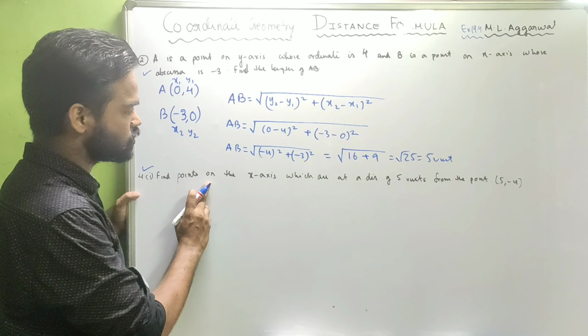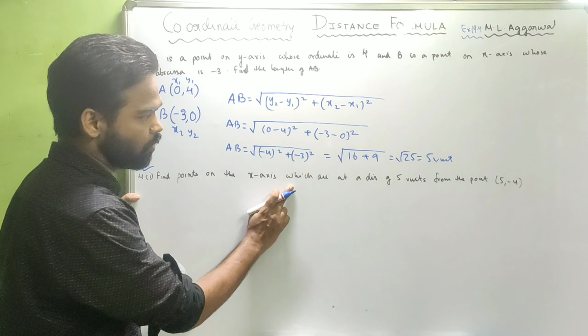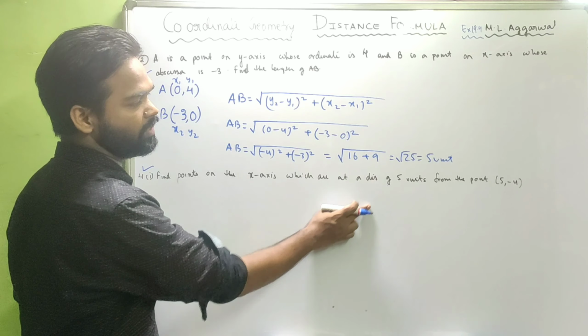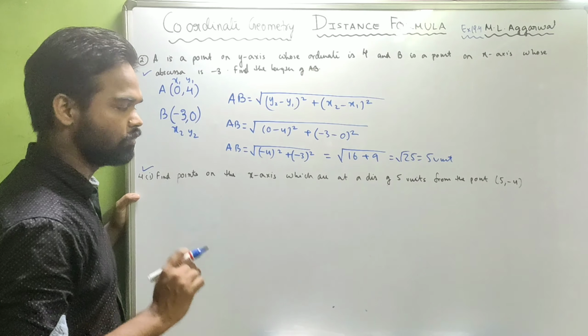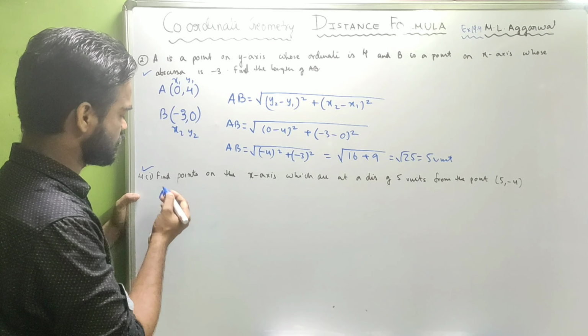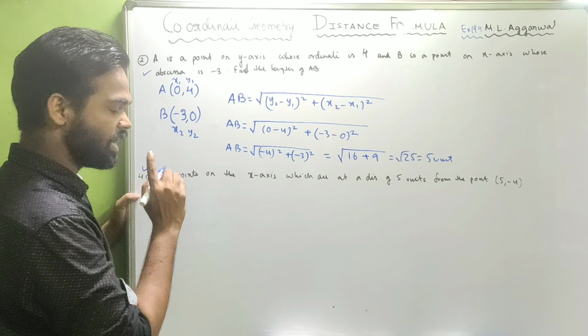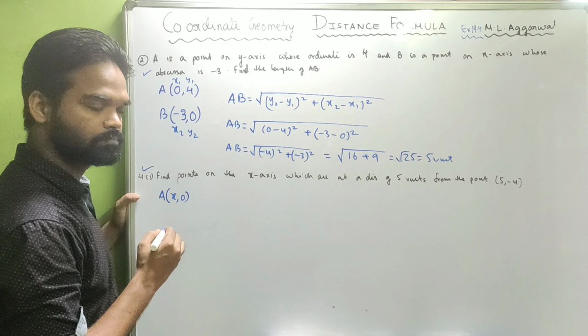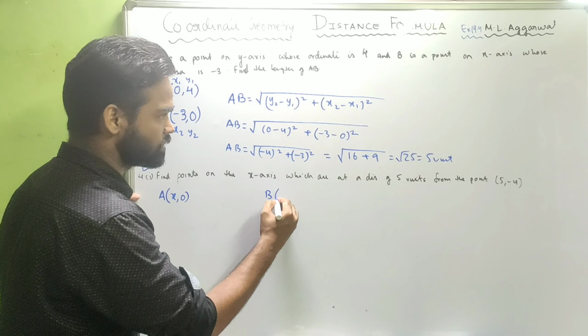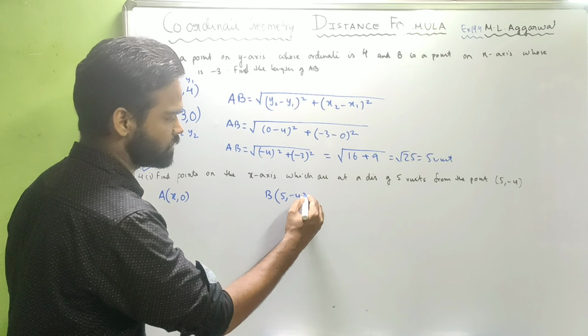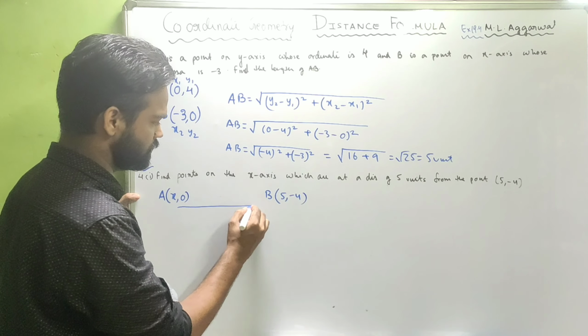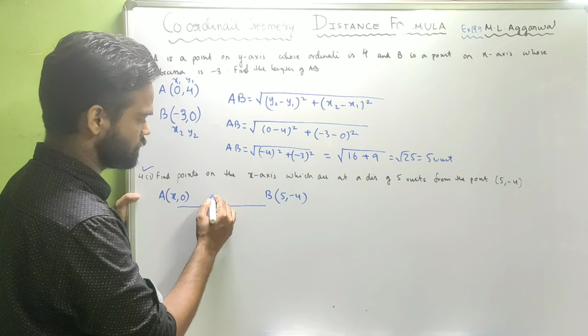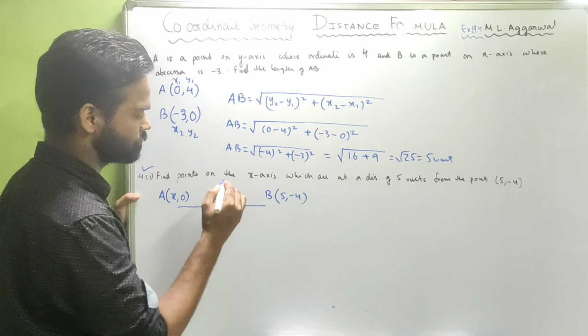Look at 4 part 1. Find points on the x-axis which are at a distance of 5 units from the point (5, -4), which means the distance is given to you. Let the point on the x-axis be (x, 0), and your other point is (5, -4), and the distance is 5 units.